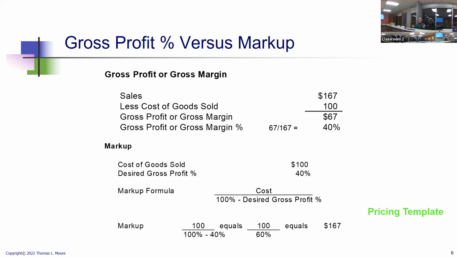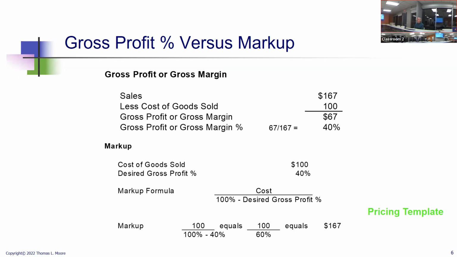Markup and gross profit or gross margin are different things, and they're calculated differently. So we're going to talk about gross profit and gross margin and how to calculate that, and then we're also going to look at markup and how that's calculated differently. So we'll start with gross profit and gross margin.